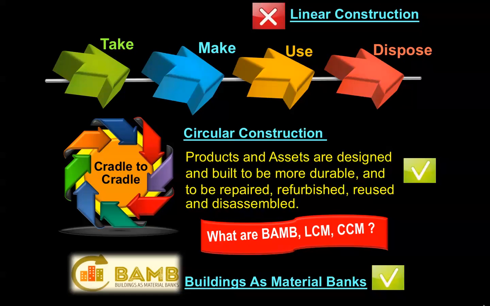There is also a new concept called BAM, buildings as material banks. This principle of design and construction takes contemporary ecological design into consideration, and every building has to be designed as a bank of materials.